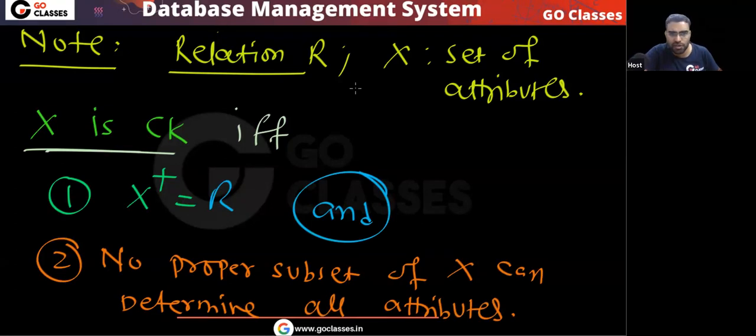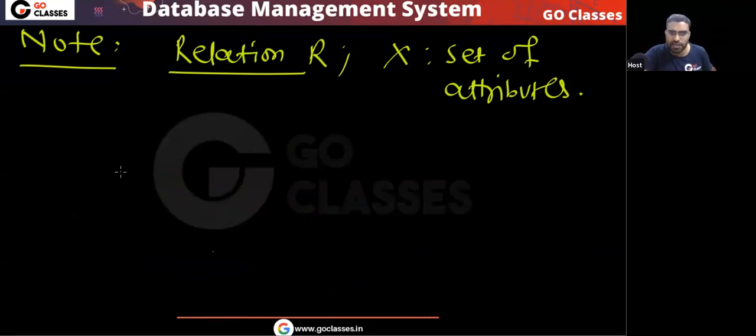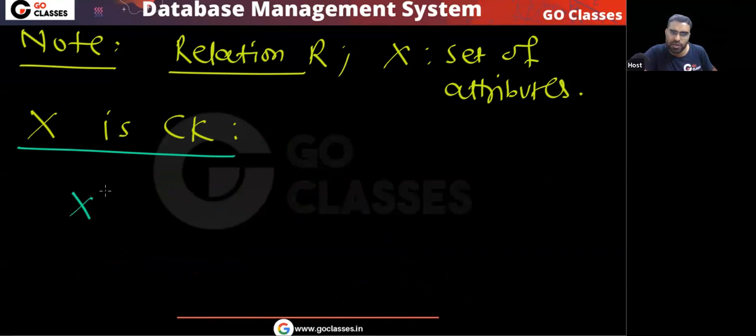Did you understand the difference between candidate key and super key? So remember, when can I say X is candidate key? X is candidate key means it must be a super key, which means X plus must be all the attributes.